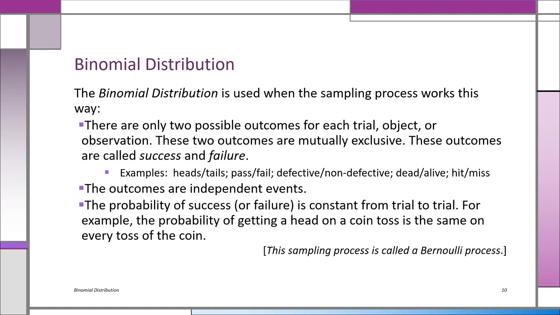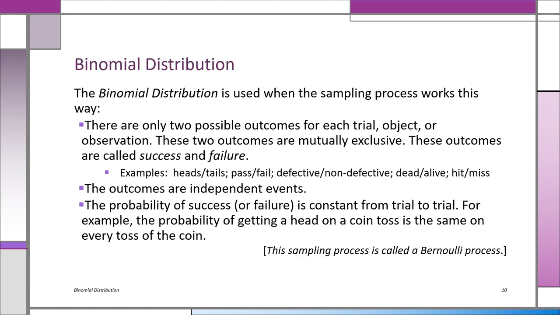So when you have two outcomes only, and they're independent events, which you'll see more clearly in the third condition, the probability of success or failure is constant from trial to trial. For example, the probability of getting a head on a coin toss is the same on every toss of the coin.